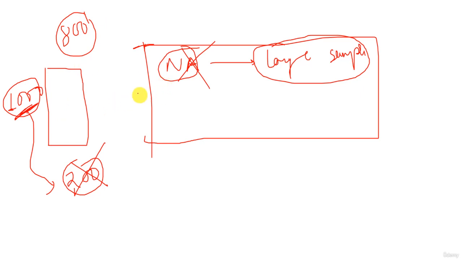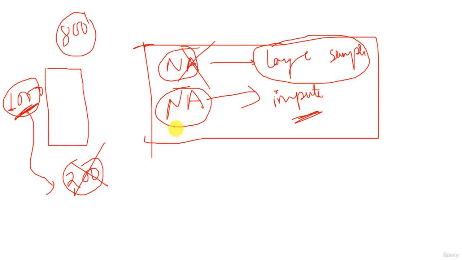So if you have a small sample, then rather than dropping these NA values, you can use the concept called impute. Impute means assigning or filling this NA with other values. Maybe you can fill this NA with 0. Maybe you can replace it with the mean or average value. You can replace it with the median or any custom value that you want.